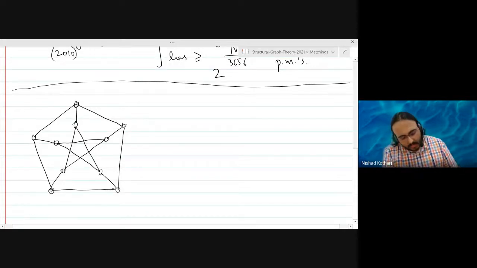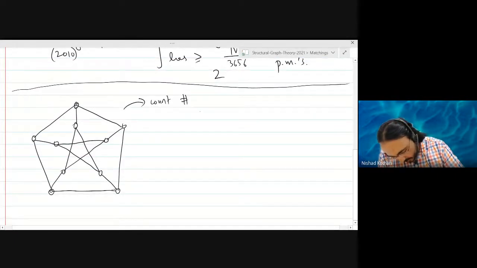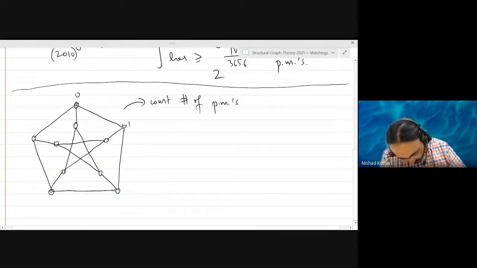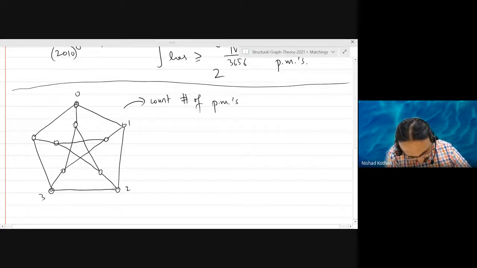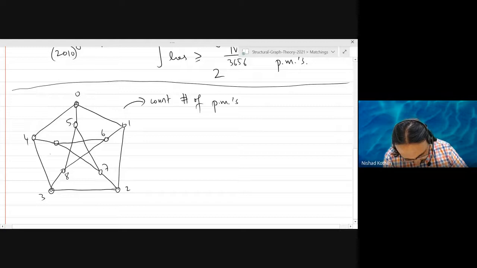Let us count the number of perfect matchings here. Let me label the vertices 0, 1, 2, 3, 4, and 5, 6, 7, 8, and 9.